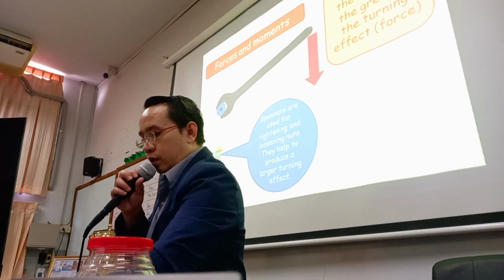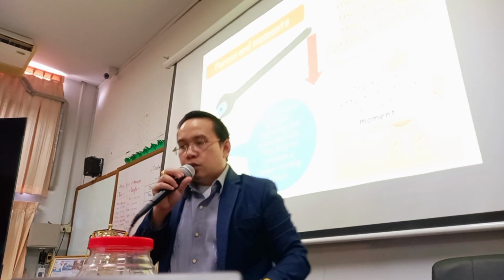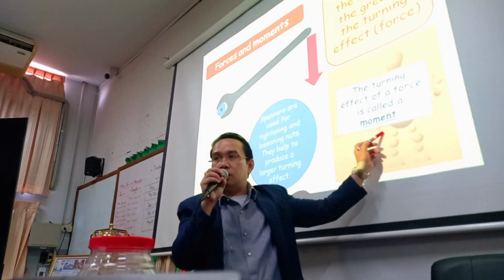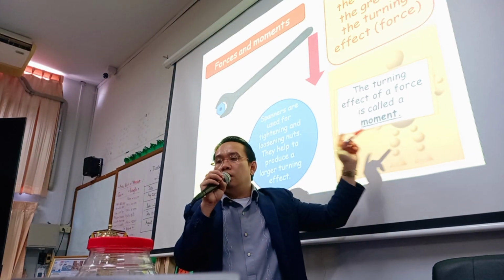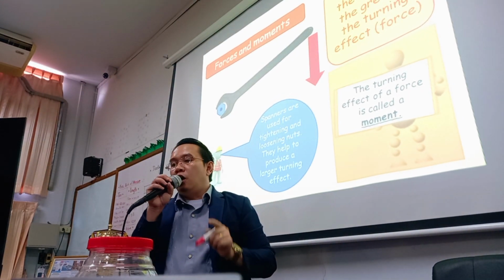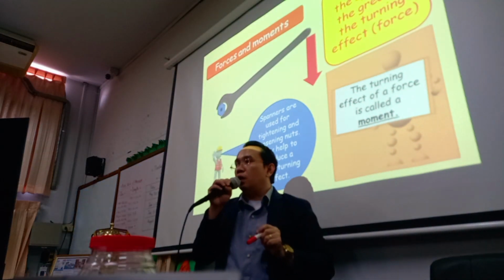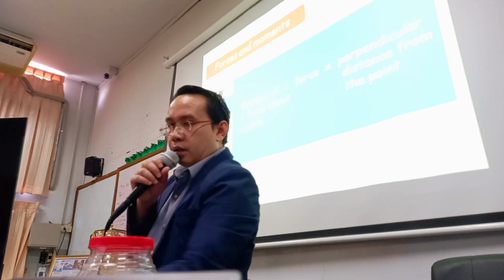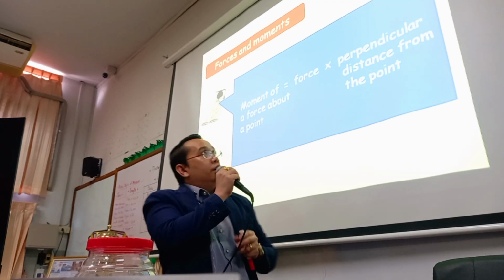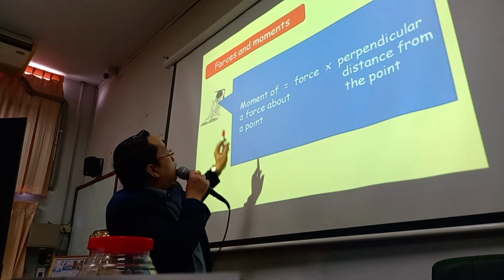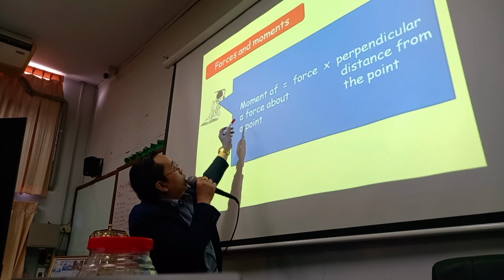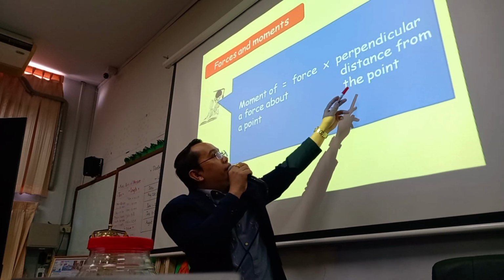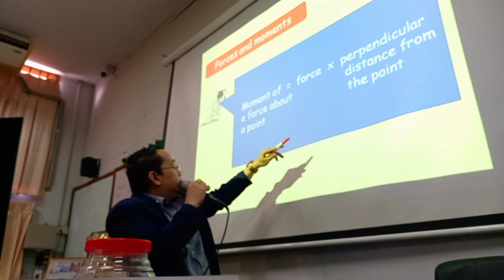So, what is the presumption of this force, moment of torque? The turning effect of a force is called moment. I'll repeat: the turning effect of a force is what we call moment. Moment is equal to force times perpendicular distance from the point.